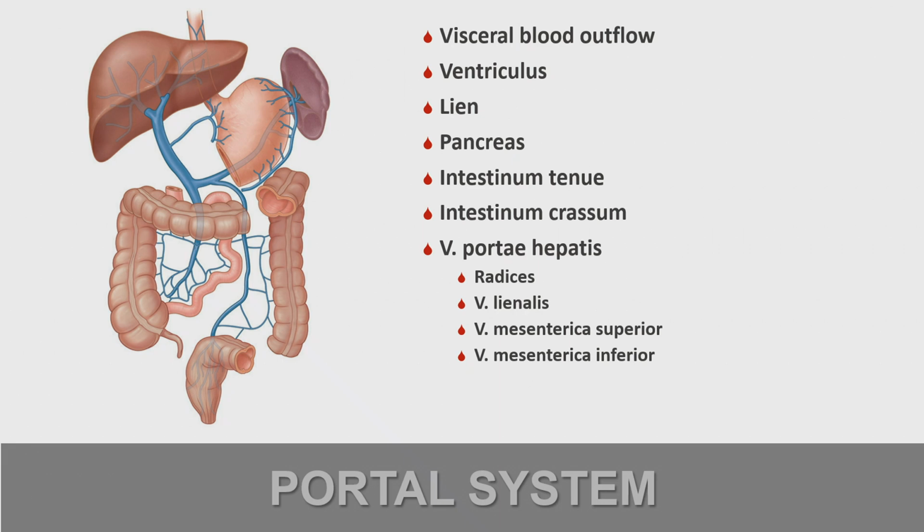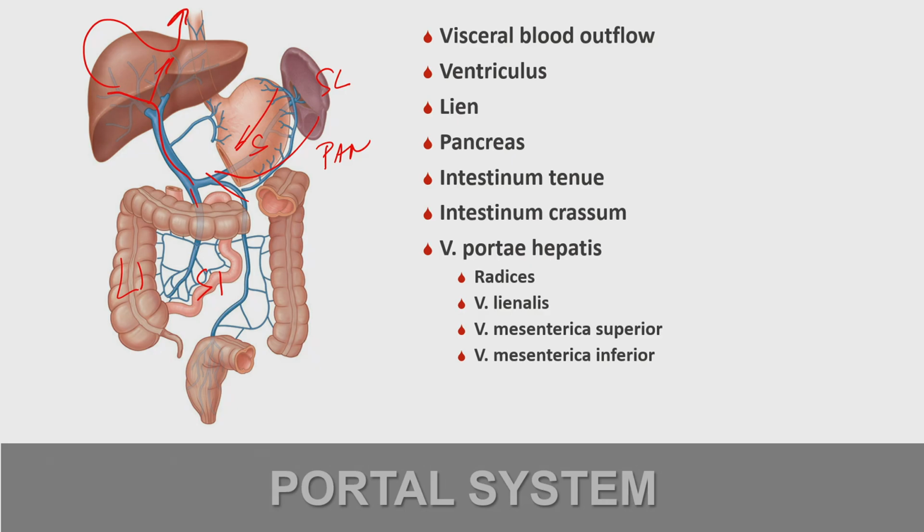The portal system is a special vascular system containing venous blood, and the venous blood occurs in the gastrointestinal tube, in the stomach, small intestine, large intestine, but also in the spleen and pancreas, and all those ways lead through the portal vein into the liver, and through the liver backwards to the inferior vena cava.